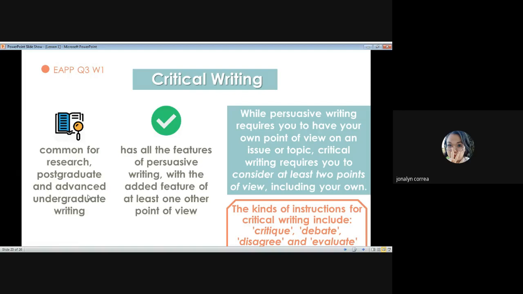It includes critique, debate, disagree, and evaluate. For example, you are to explain the researcher's interpretation and argument and then evaluate the merits of the argument, or give your own alternative interpretation.